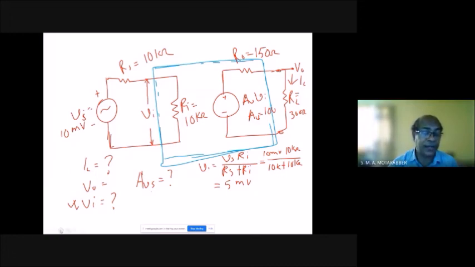Now the next step, you have to calculate the voltage AV into VI, which is actually the voltage at the generator, the output side generator voltage.